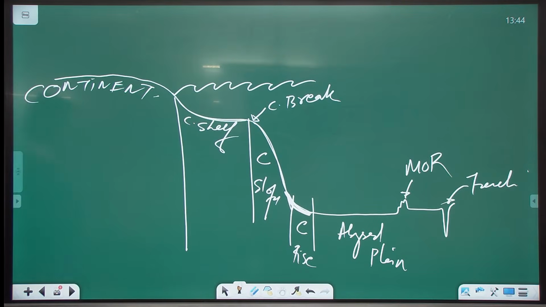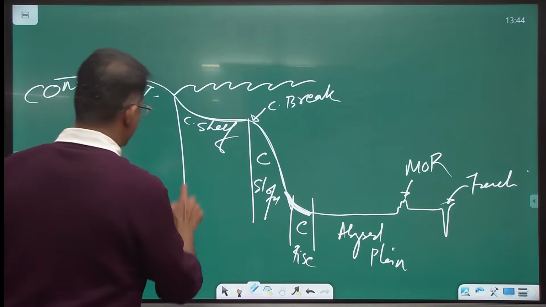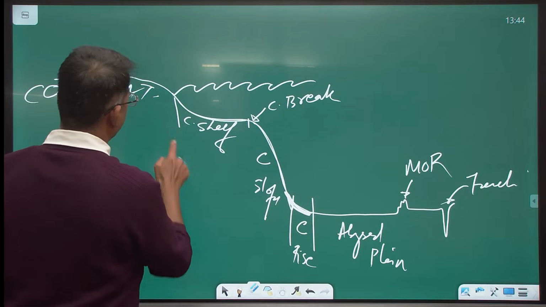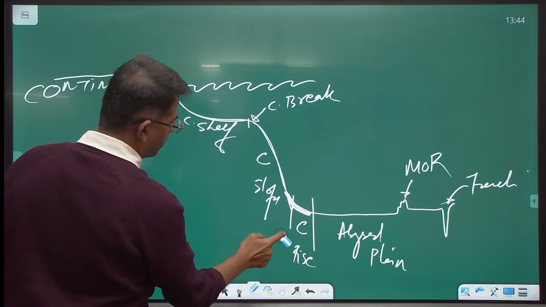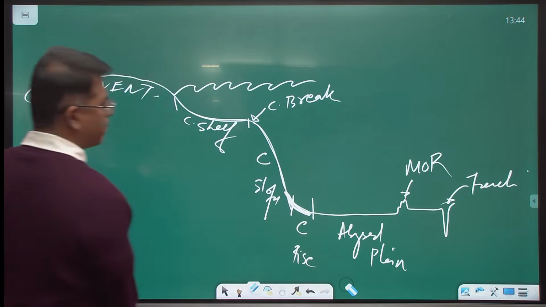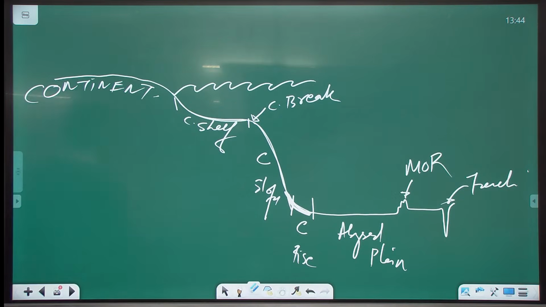Continent, the shelf. I need to draw this smaller maybe, otherwise it will confuse you. The shelf, where the turn, where the ocean starts, the land starts to plunge towards the deep. There's a break.